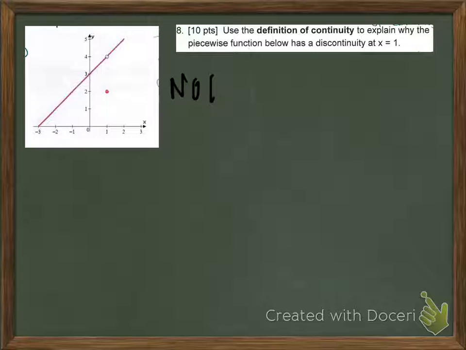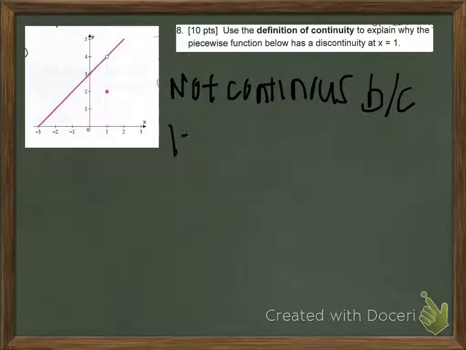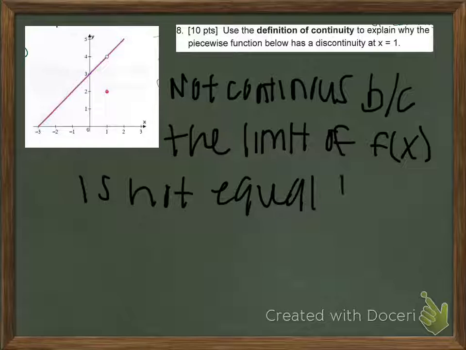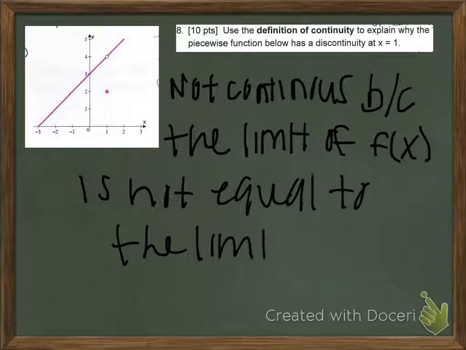So, by answering the question, since we found out that the limit of f of x as x approaches 1 is equal to 2, we can conclude that the function below is not continuous because the limit of f of x is not equal to f of a.